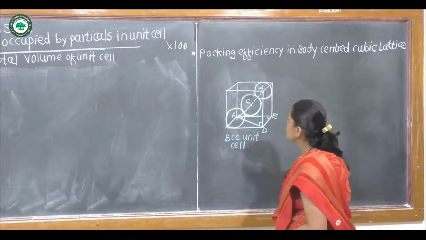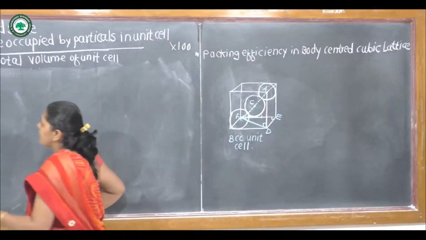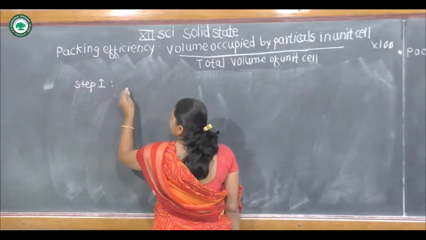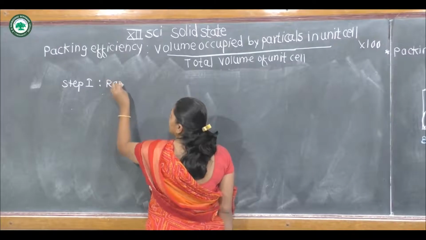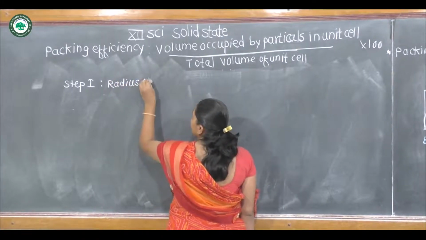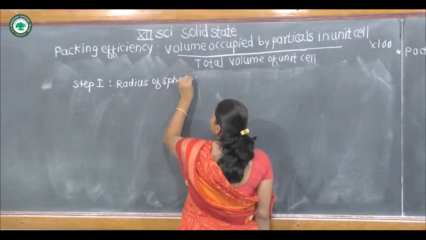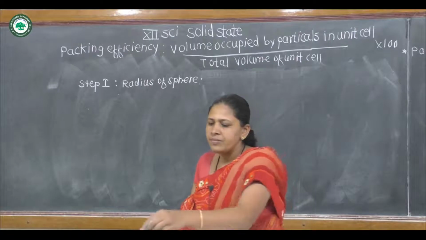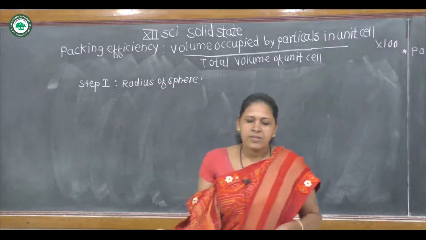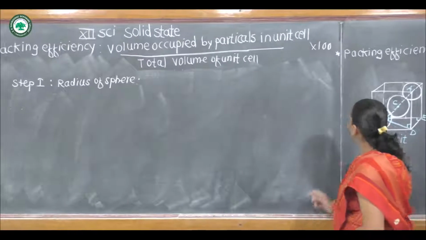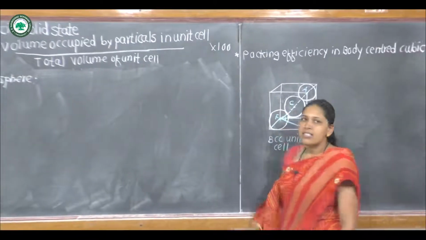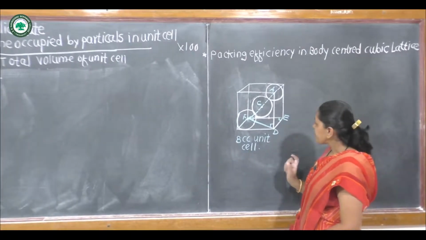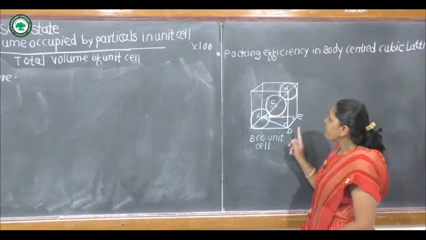Then step first, radius of the sphere. We have to calculate the radius of the sphere. For this, there are 2 triangles which are seen in the diagram. Triangle EFD.